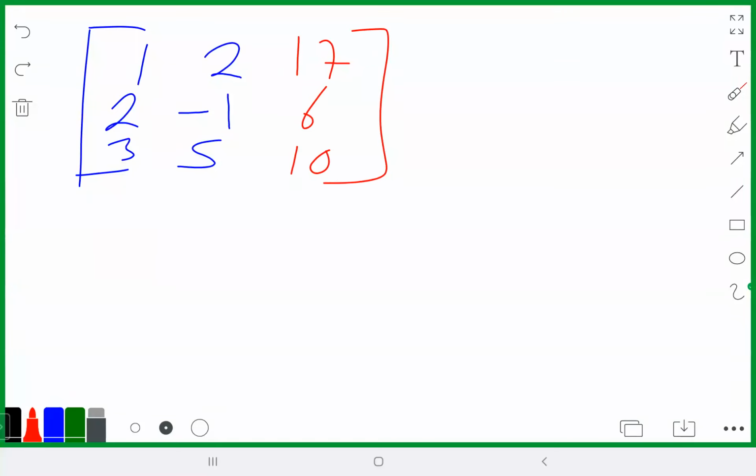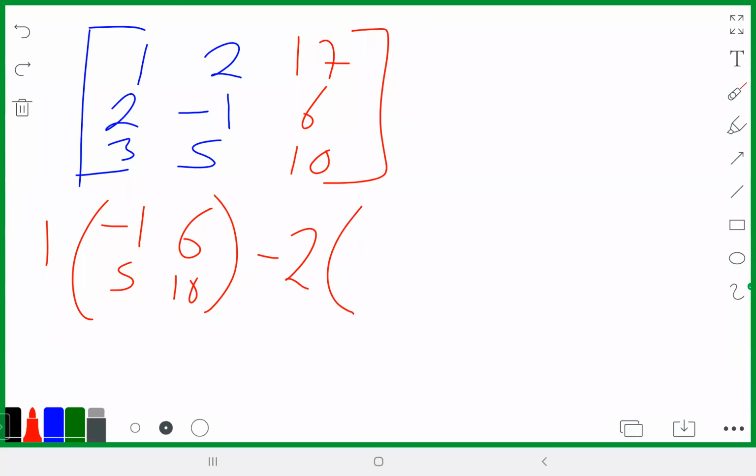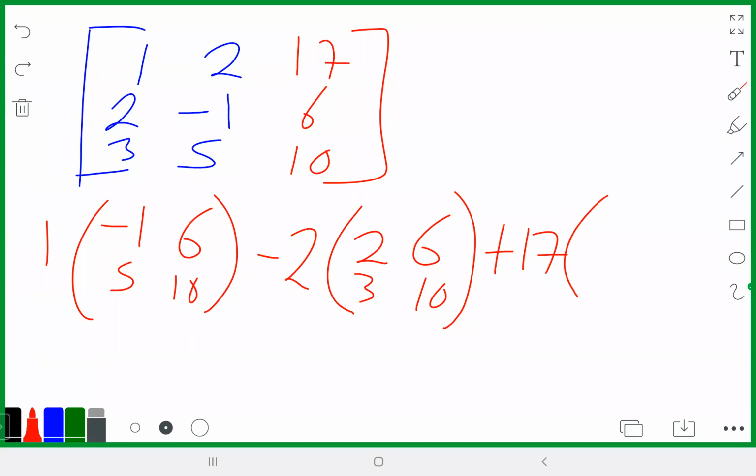You start as usual, you start with 1, open, delete the row, delete the column, you have -1, 6, 5, 10, -2 times Z, delete the row, delete the column, you have 2, you have 6, 3, and 10, plus 17, multiplied by what? Delete the column, delete the row, you have 2, -1, 3, and 5. So far, are we together?